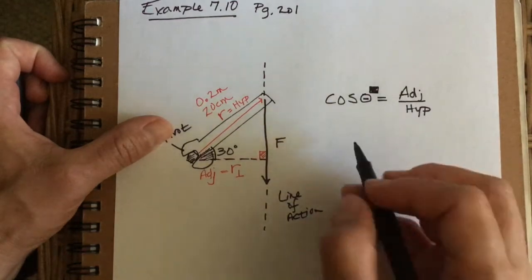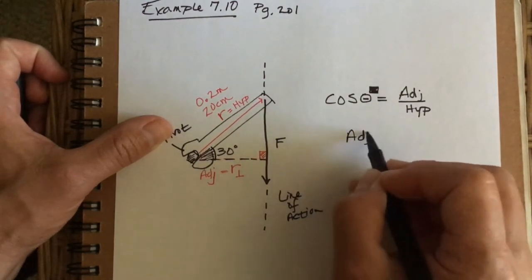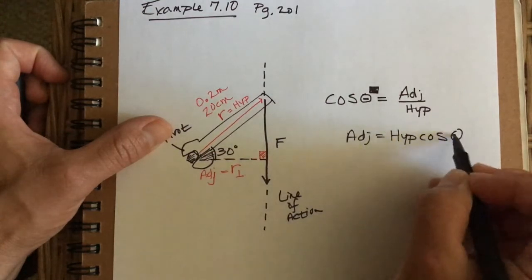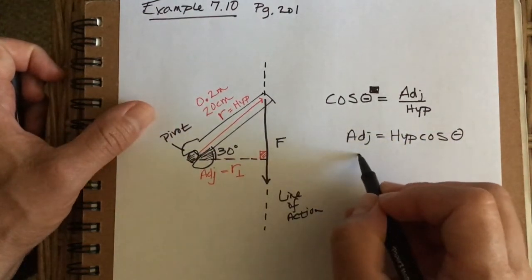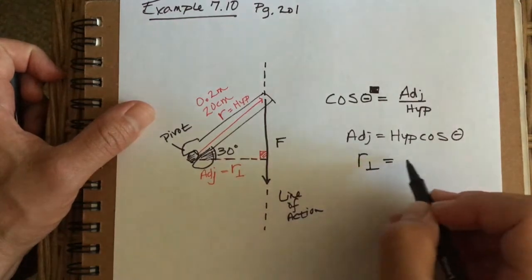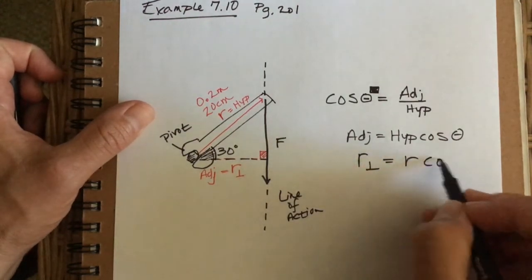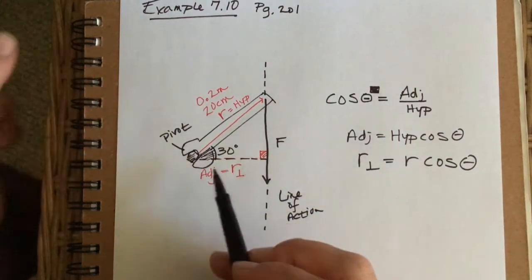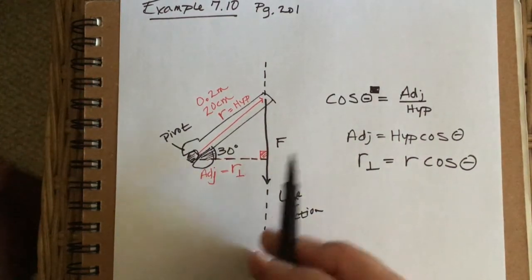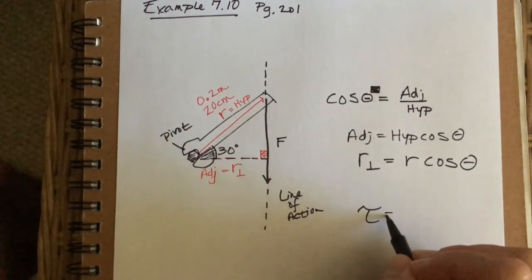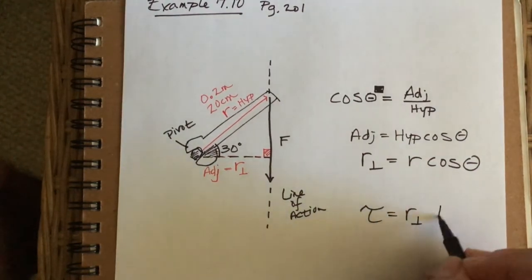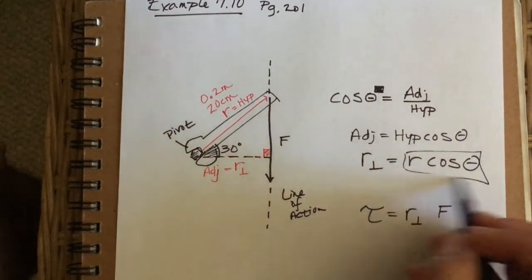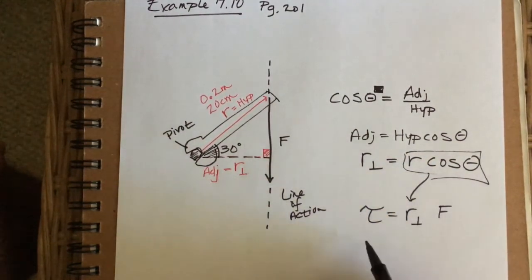Rearrange to solve for adjacent. Plug in what we want here. This is R perp. The hypotenuse is R times the cosine of theta. So what I'm saying then is the torque is equal to R perp times F, right? Plug this in for R perp. So this right here can go right there.